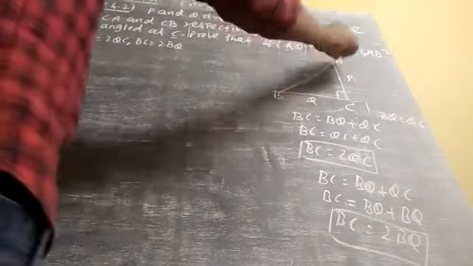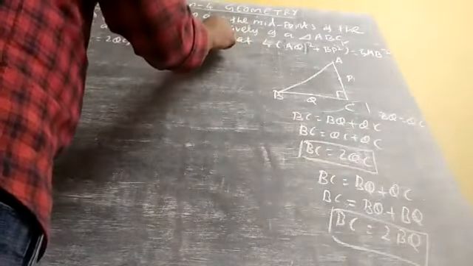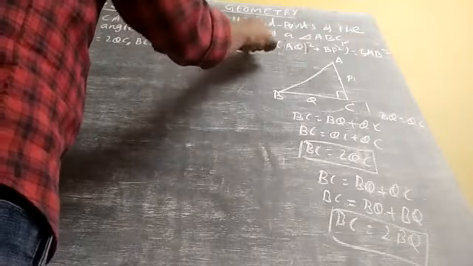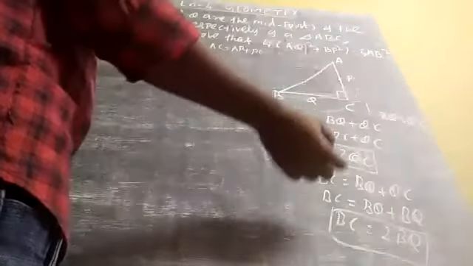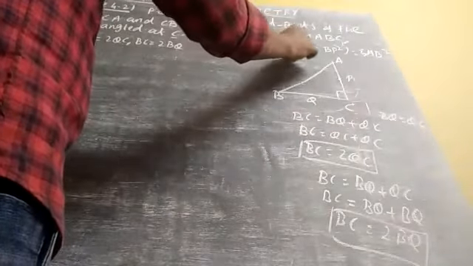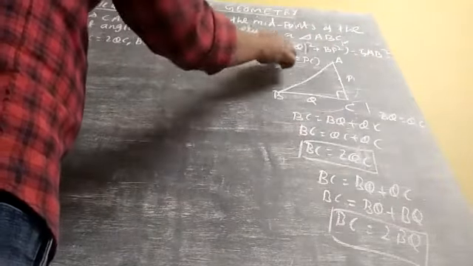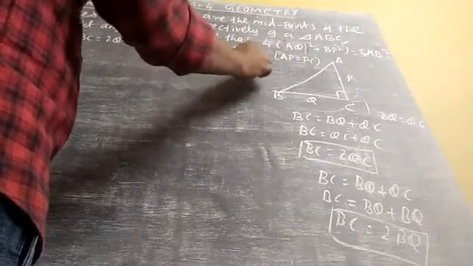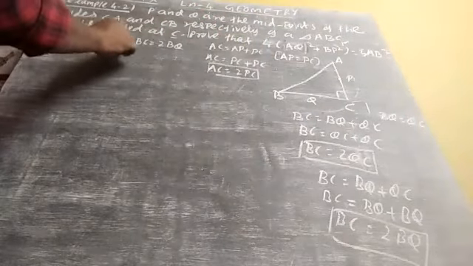Next, this also is the same rule. You write all this at the side, no need of writing in the main working. Next, AC equal to AP plus PC. They said midpoint. Midpoint means what? AP equal to PC, these two values are equal. So AC equal to PC plus PC, AC equal to 2PC.